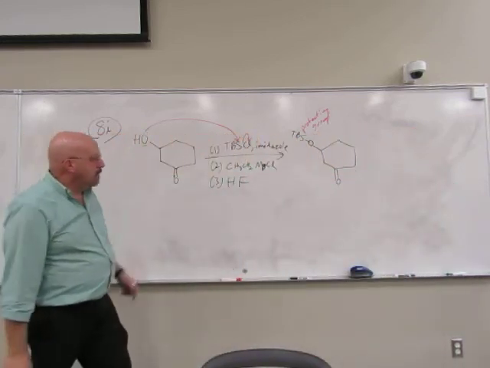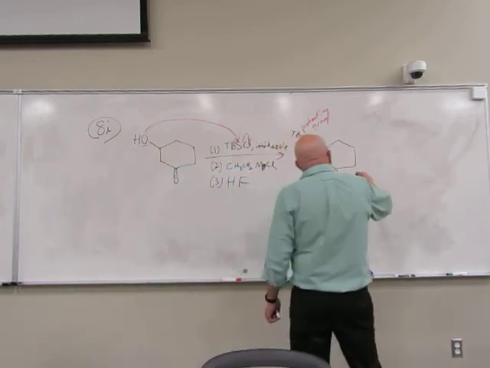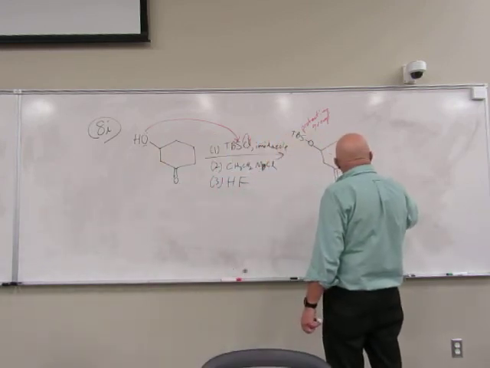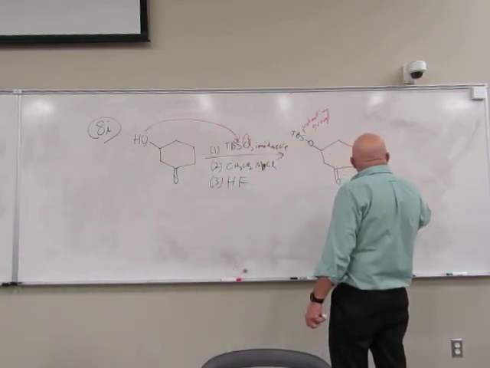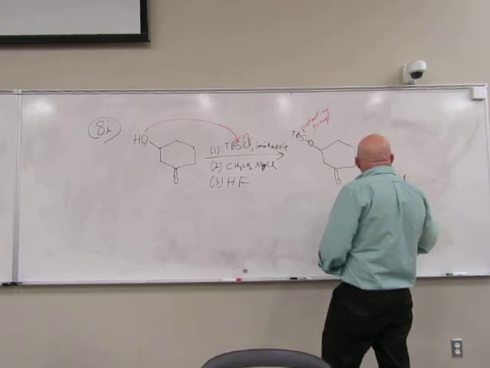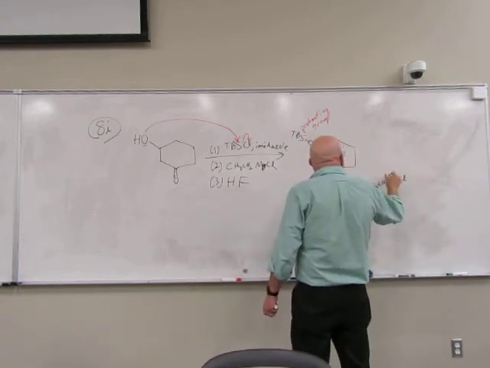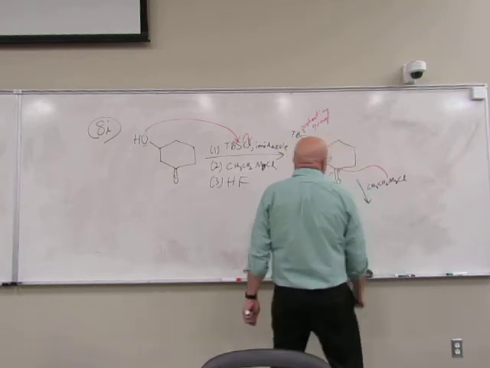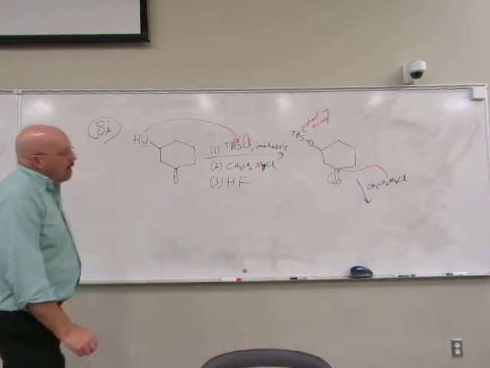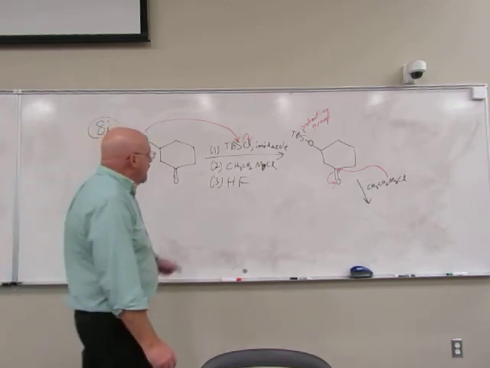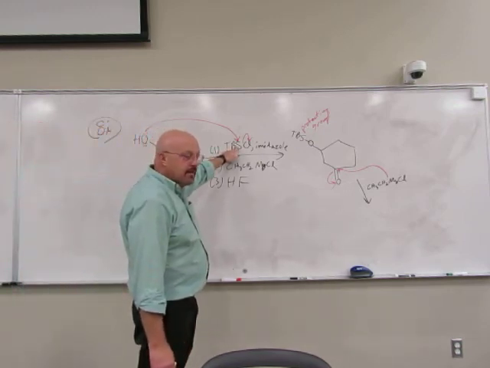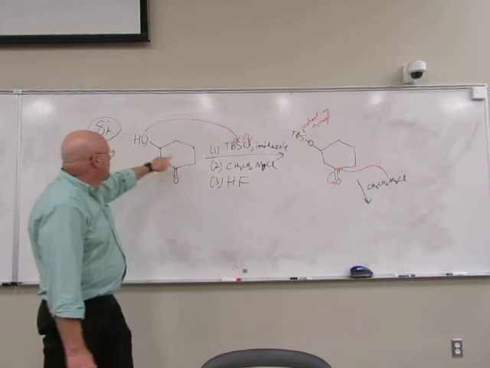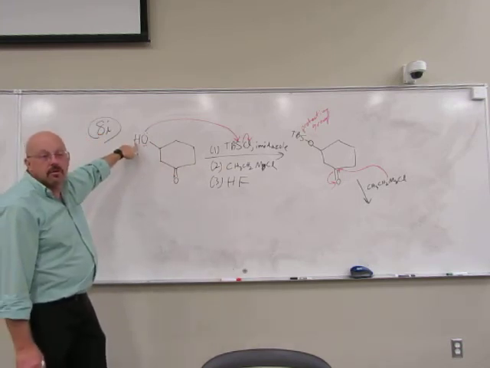Second step, I react with the Grignard. So the Grignard will react with the carbonyl now and kick the electrons up on the oxygen. If I had not protected that, the Grignard would have been destroyed by the acidic hydrogen.